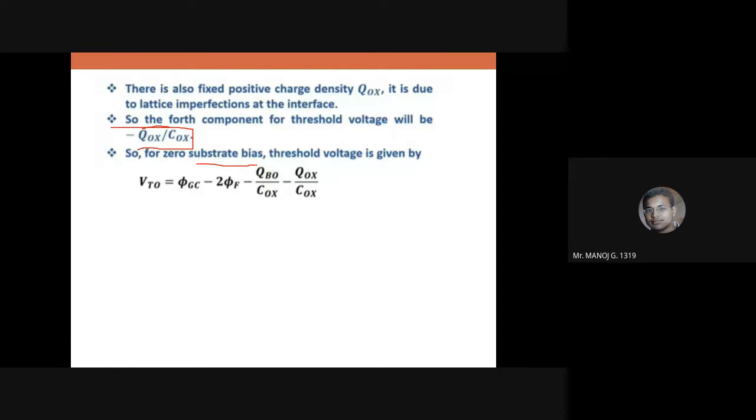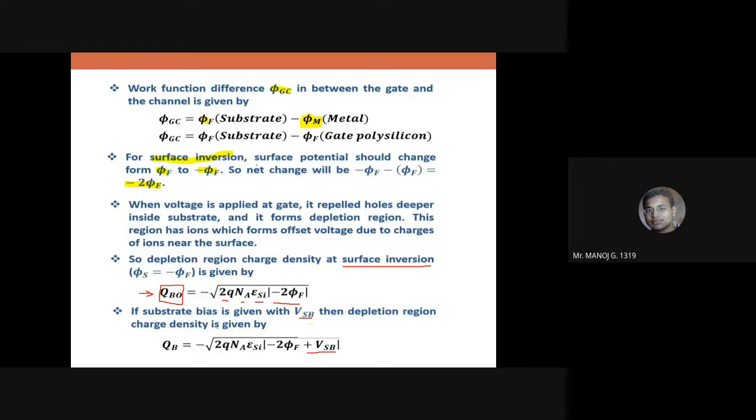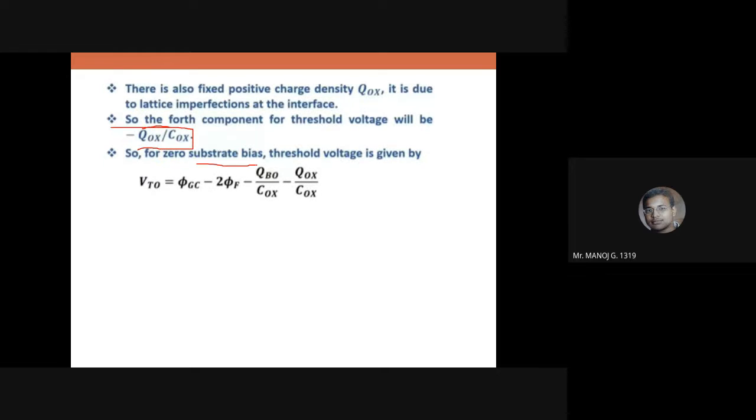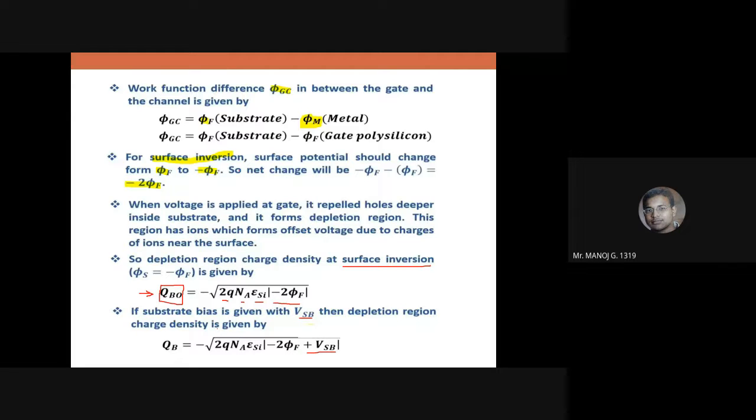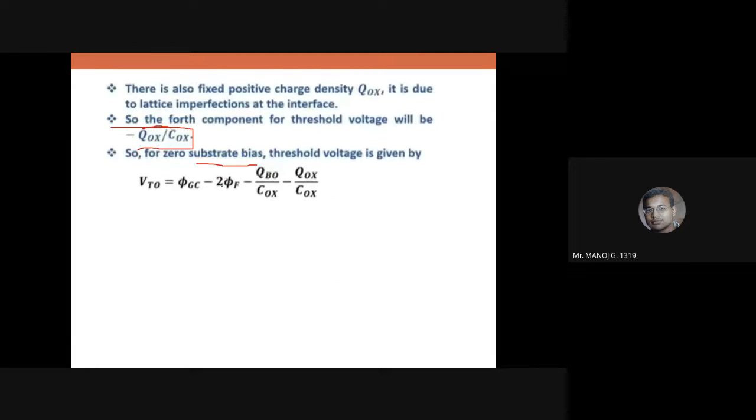Without taking substrate biasing into consideration, you add the first one, phi of GC, the gate channel substrate work function. The second one is the surface inversion, given to be 2 times phi F. Then you consider the third one, that is the charge. And the last one is the fourth component, which is the lattice imperfection. Just add all these things. This is the first condition, where you are estimating VTO, that is the threshold voltage.